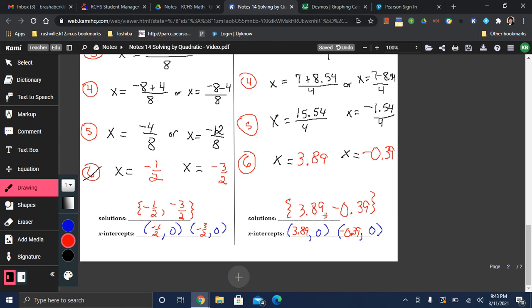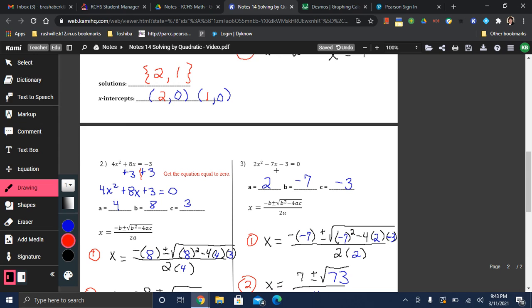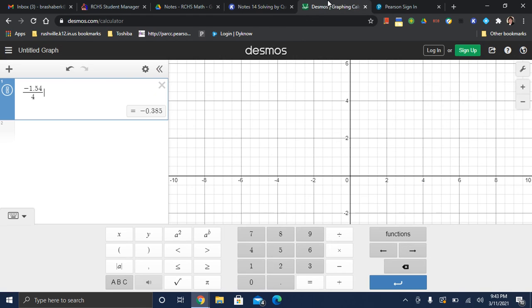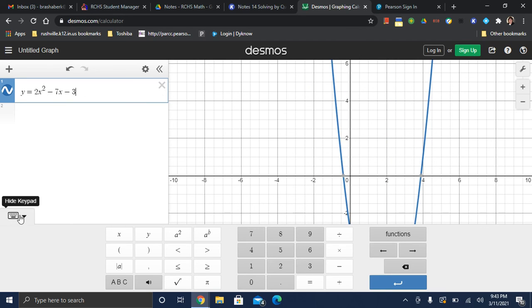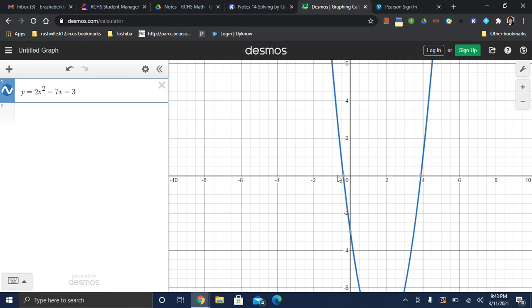So if I take the original problem, 2x squared minus 7x minus 3, and type that into Desmos, y equals 2x to the second minus 7x minus 3, then let's look for those x-intercepts. There's one of them.